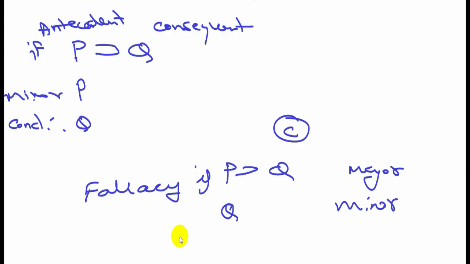Q is the consequent, P is the antecedent. Q, therefore P. It commits the fallacy of affirming the consequent. This fallacy is symbolized thus.